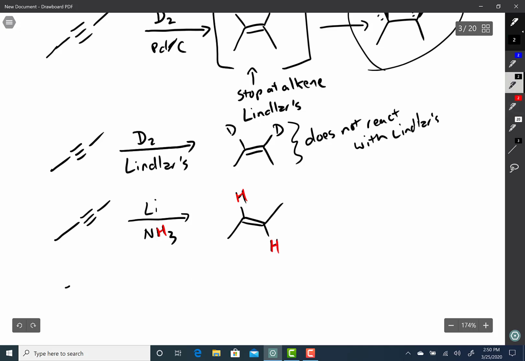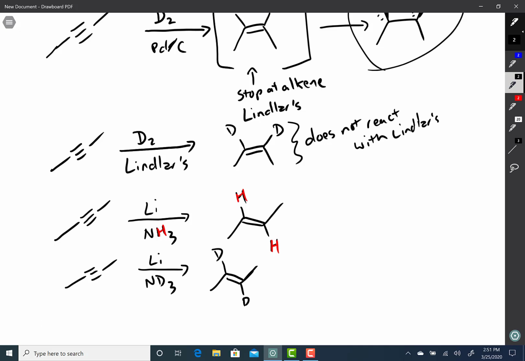So if you wanted to add deuteriums, instead of using lithium in NH3, use lithium in ND3. And then you don't have any further reactions because this isn't strong enough to react with alkenes, just alkynes.